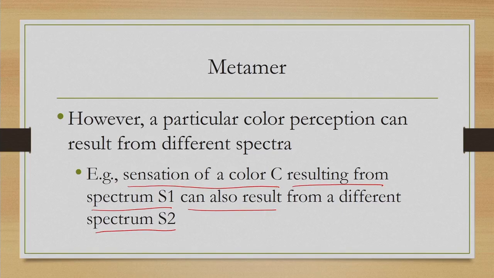There can be another spectrum which can excite the three cone types in a different way, but at the end can give us the same color perception. So, there are multiple ways to generate color perception. It is not a unique way, and this is a very important knowledge we exploit in computer graphics.